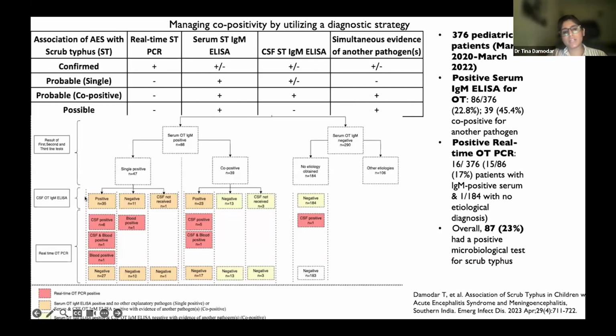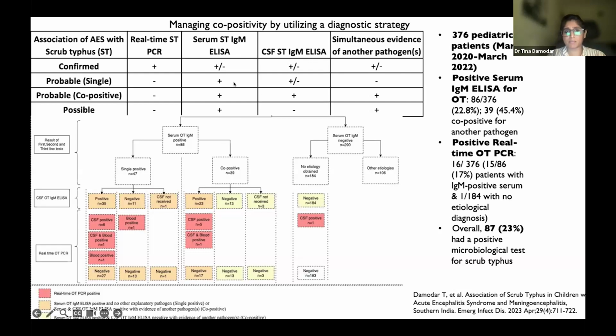We performed additional tests, that is CSF IgM ELISA and PCR, and instead of just relying on serum IgM antibodies, we wanted to see what results come out of these. And we tried to differentiate these patients into confirmed, probable, and possible etiology.